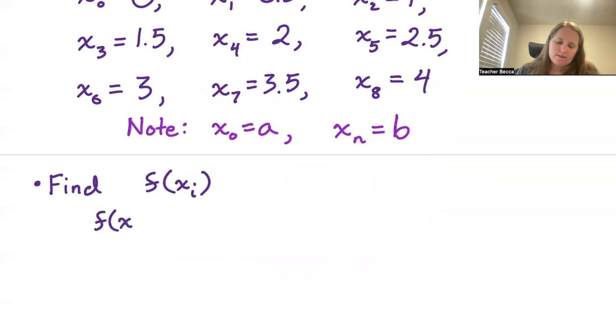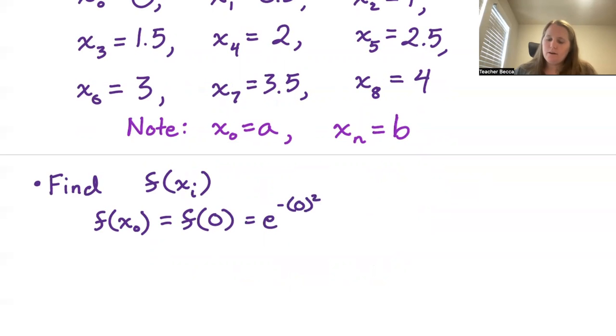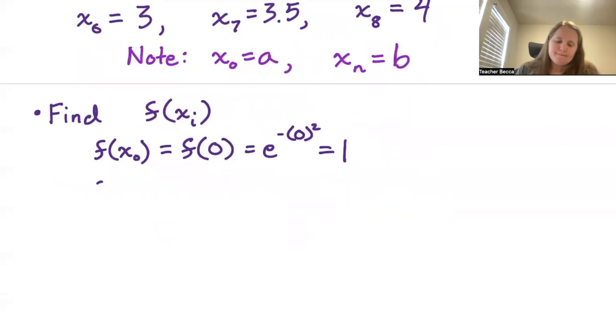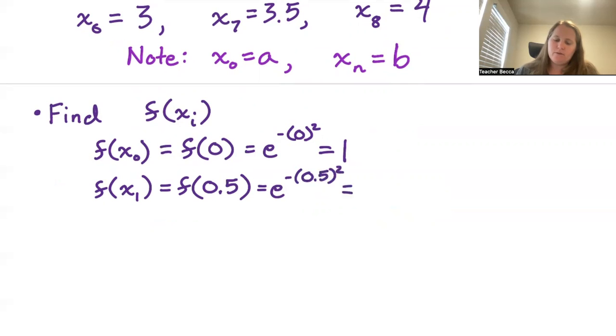So f of x0 is just f of 0, which is e to the negative 0 squared, otherwise known as 1. f of x1, we will be looking at f of 0.5, or e to the negative 0.5 squared.